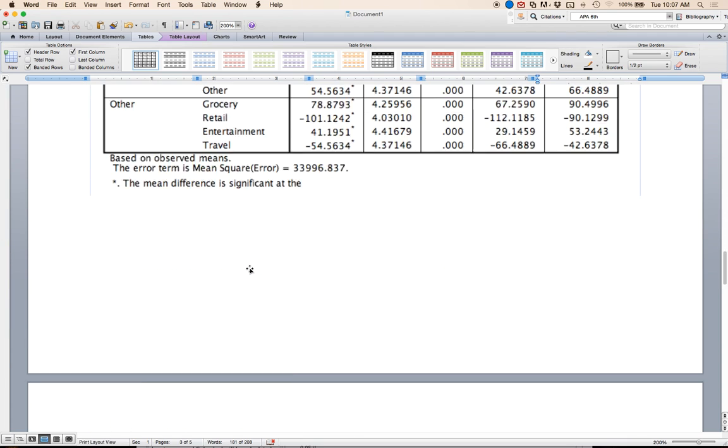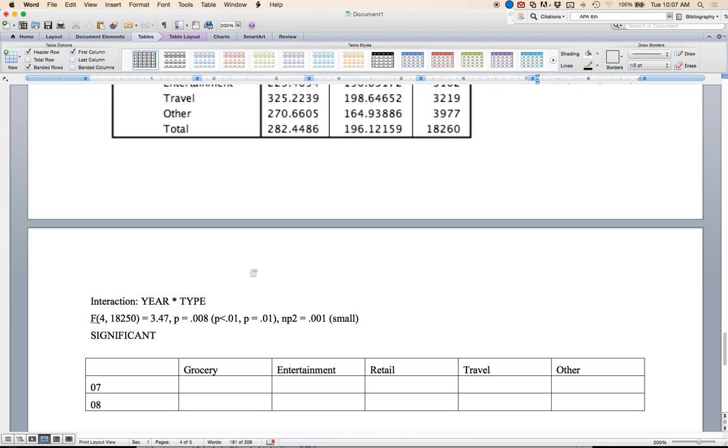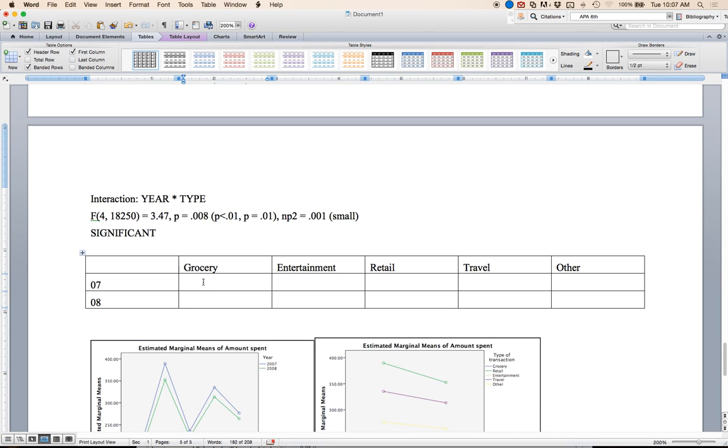All right. So last but not least, let's talk about this interaction. So we've been saying this is what we should do this whole time, so now I'm going to do it. Okay. And I am now on page 129-ish. So the very first thing I'm going to do is fill in these means. Now you could do this box.